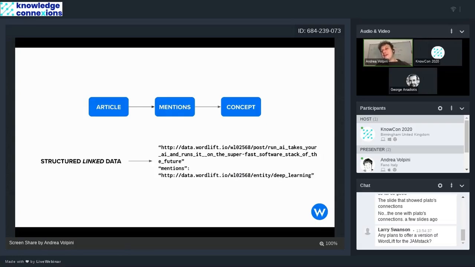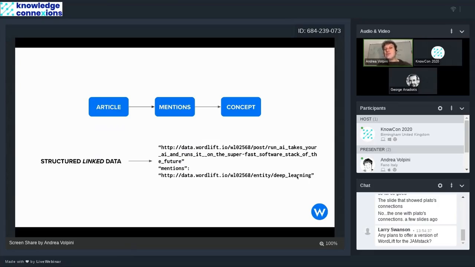So as an example, we have an article which has its own unique ID in the linked data world, which is this one, and that mentions, among other concepts, the entity for deep learning that within this graph has its own unique ID.